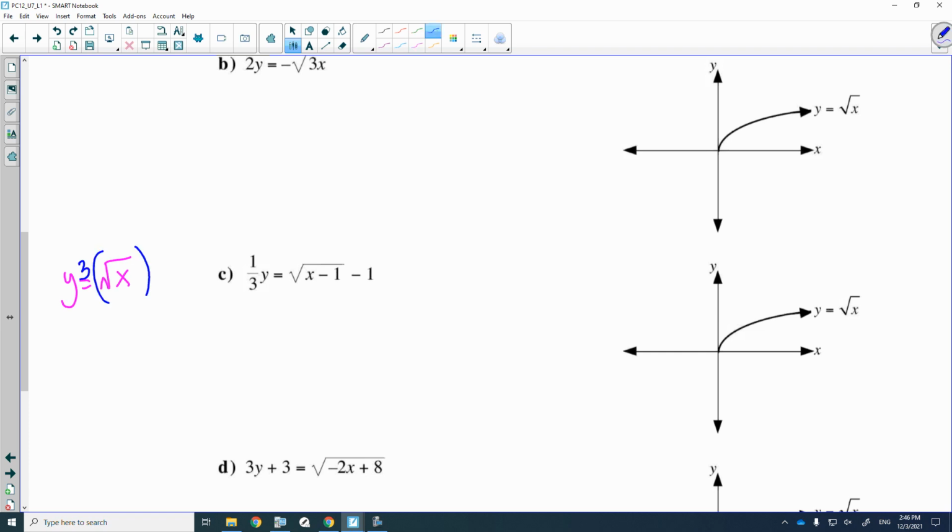So I'm going to need the 3 to be in front of my function. This is going to be my function, and the 3 has to go in front of that function. So I multiply this side by 3, and that will cancel, and I multiply this side by 3. What I would be left with, if I expand this, is y is equal to 3 square root of x minus 1, and then minus 3.